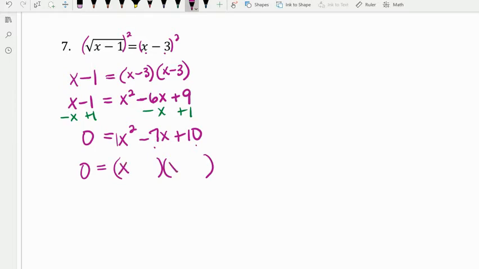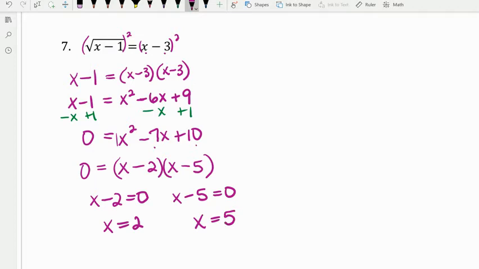So x and x, 5 and 2 multiply to make 10. If I make them both negative, they multiply to make a positive, and they add to make the negative 7. Then once I've got my two factors, I'm going to set each factor equal to 0 separately. Add 2, I'll get x equals 2. And then over here, I get x equals 5.